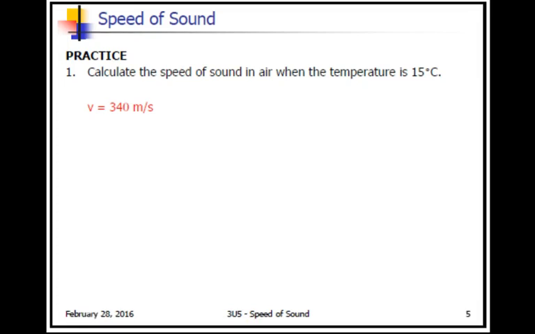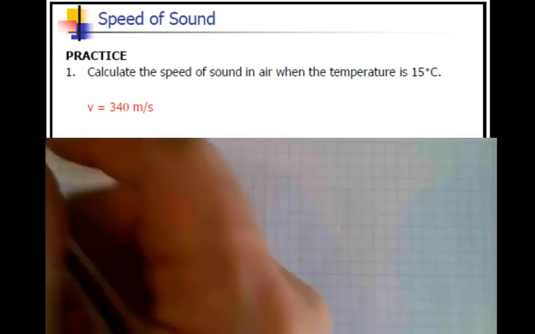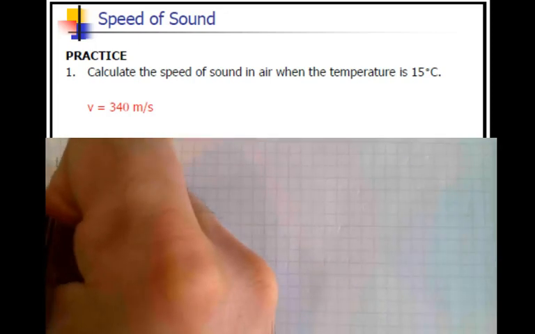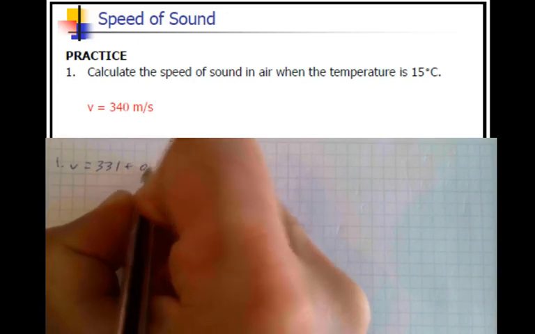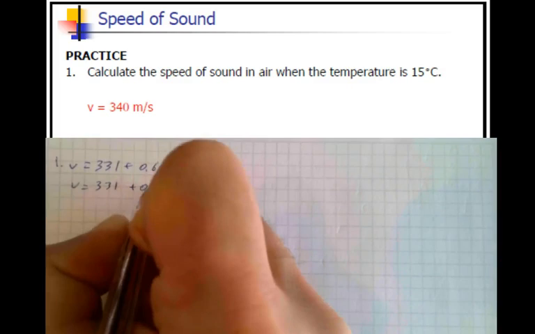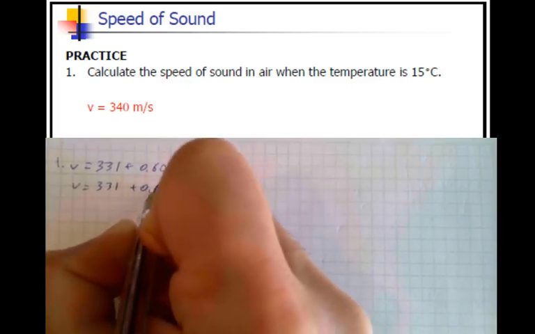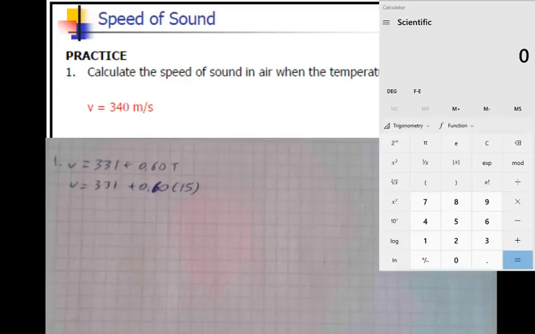So let's use the equation to calculate what the speed of sound is if the temperature is 15 degrees Celsius. So we start with V equals 331 plus 0.60 T. We substitute 15 in for T. Then we can calculate 331 plus 0.6 times 15.